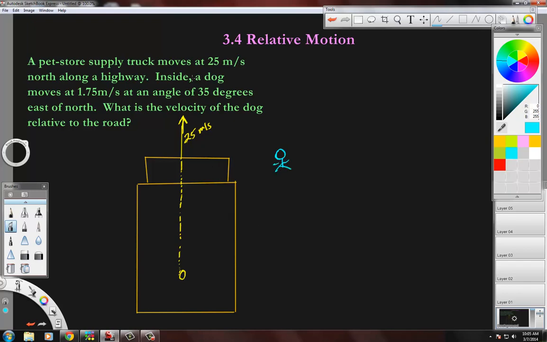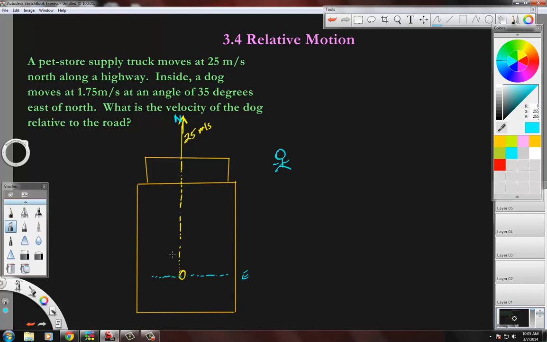And the dog, it says inside, a dog moves 1.75 meters per second at an angle of 35 degrees east of north. Okay, so let's draw that. Let's make this like a little XY axis, and we'll call this east, and this, of course, north.